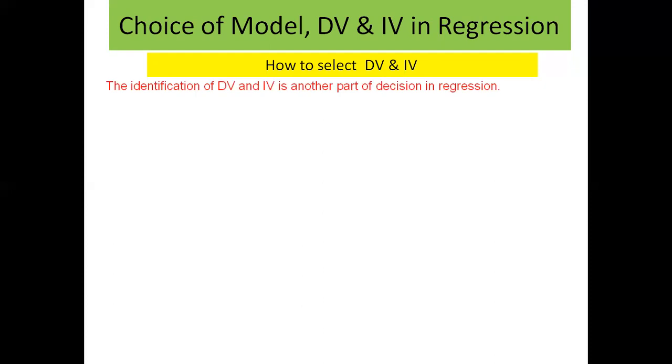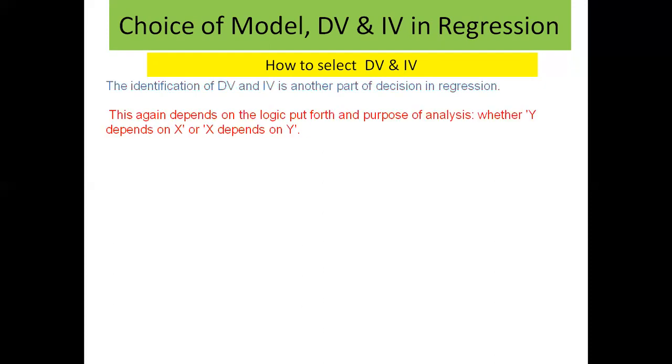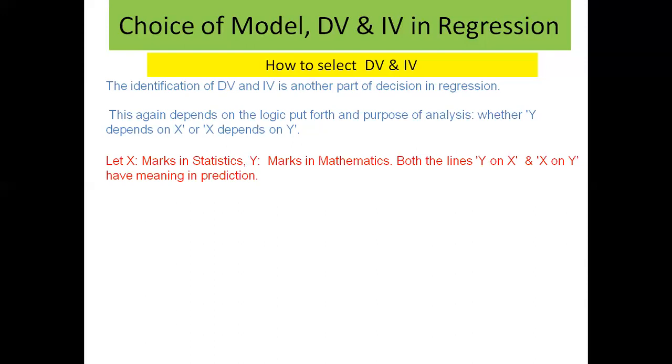Another decision problem in the regression. Again, it depends on the logic which we put, and for our analysis, whether y depends on x or x depends on y, we decide by doing some reasoning. For example, suppose x is a variable which denotes marks of students in statistics, and y is another variable which denotes marks of those students in mathematics.